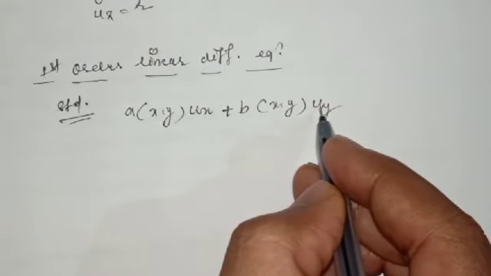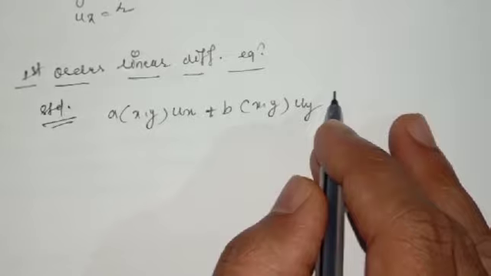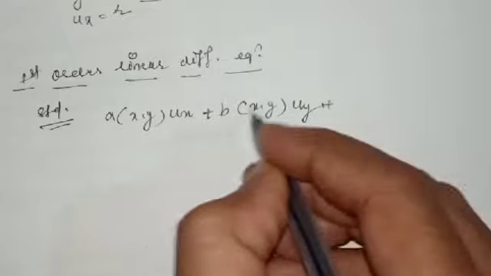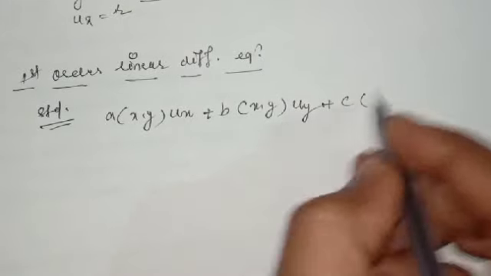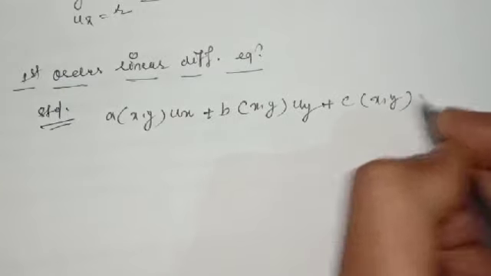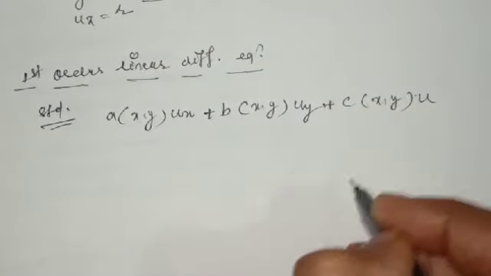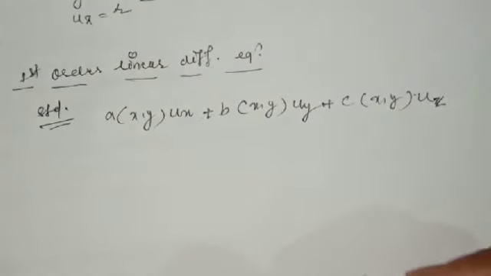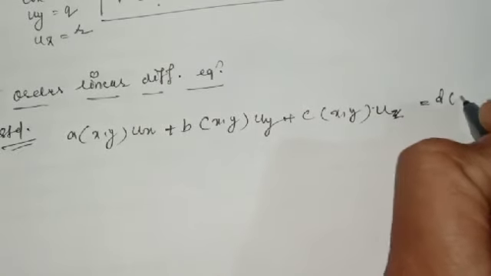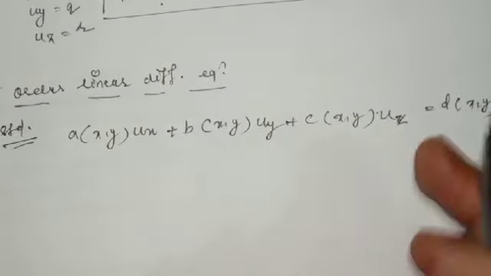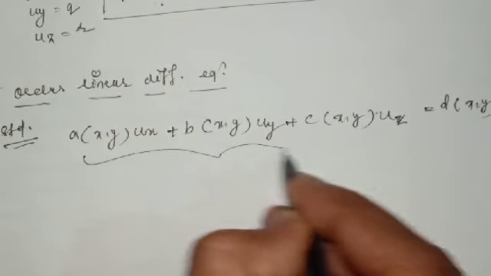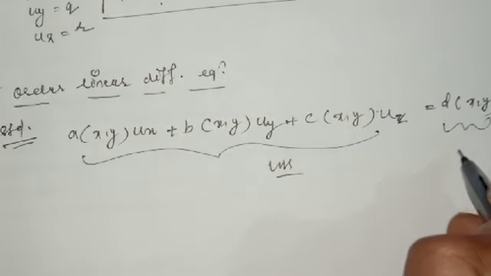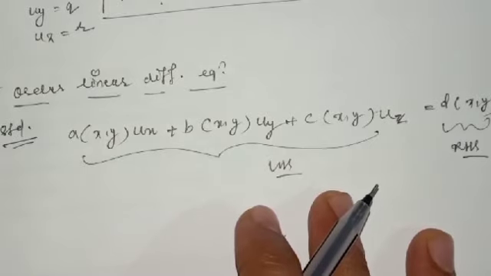Then c is another coefficient in x, y, multiplying u, and this is equal to d of x, y. This is the left hand side and this is the right hand side. Is that correct, students?